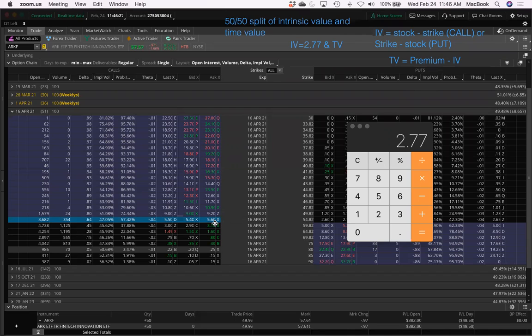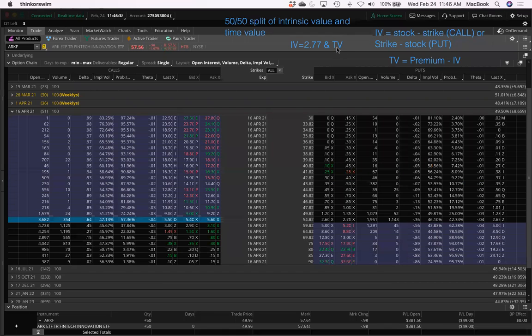So the premium you would pay is $5.6. So 5.6 minus 2.77 equals 2.83. So TV equals 2.83. And let's be very clear here, this is for the $54.82 strike price.